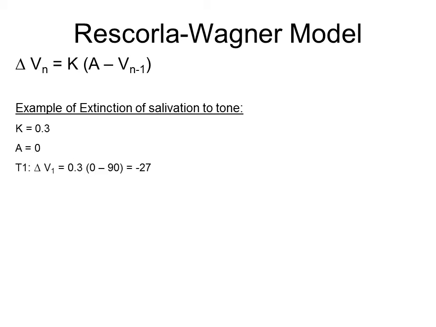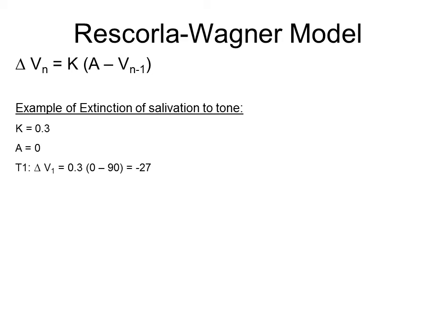On the first trial, we have a dog that has already undergone acquisition and is now salivating quite vigorously to the sound of a tone. We reflect that in our model on trial 1. Delta V1, the change in conditioning on trial 1, is equal to the salience of 0.3 times 0 minus 90. Well, 0 reflects the asymptote, and in the case of extinction, the asymptote is 0. But why is that minus 90?